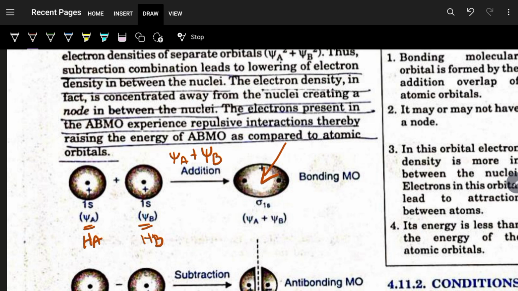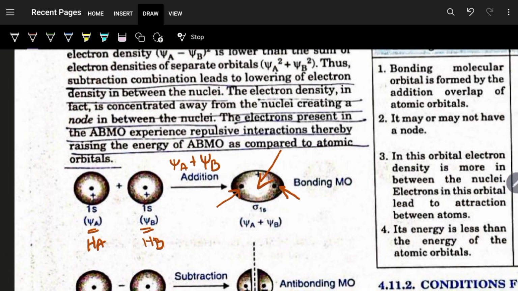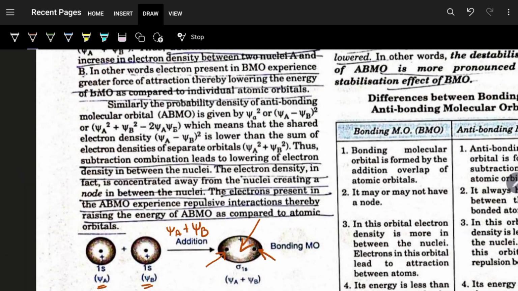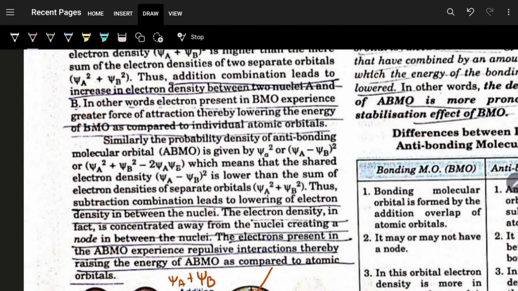And that is the reason the nucleus moves at the 2 ends and the probability density is greater at the center of the combining molecular orbital. In other words, electrons present in bonding molecular orbital experience greater force of attraction, thereby lowering the energy.